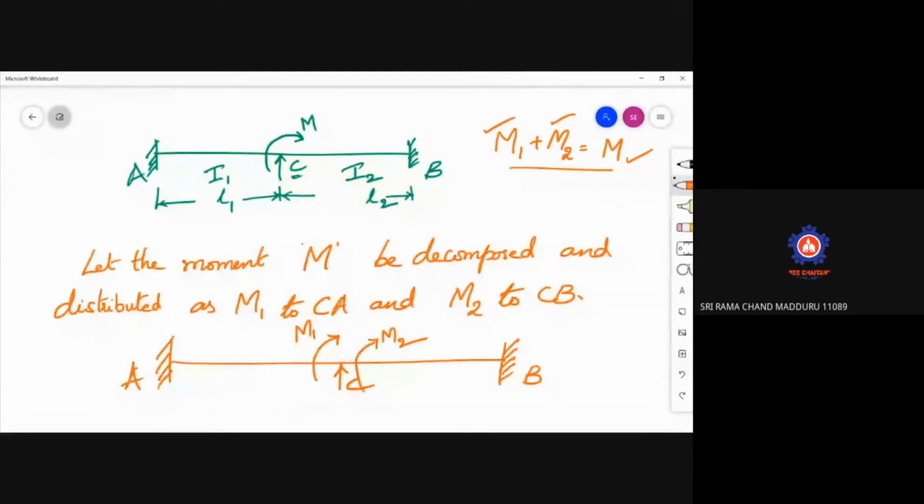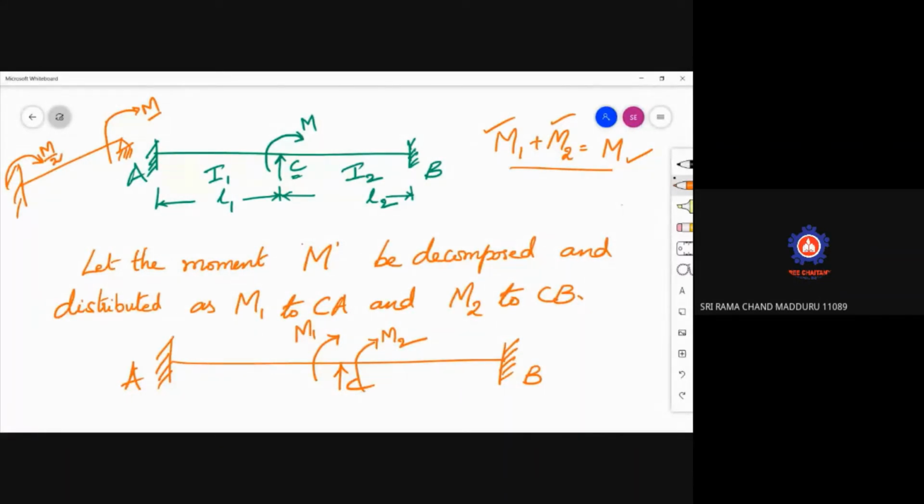Now in the theorem number 1, what we have studied is when a moment is acting on one end of the beam, this positive moment at this support will create half of the moment as carryover moment in the same direction, which is M by 2.